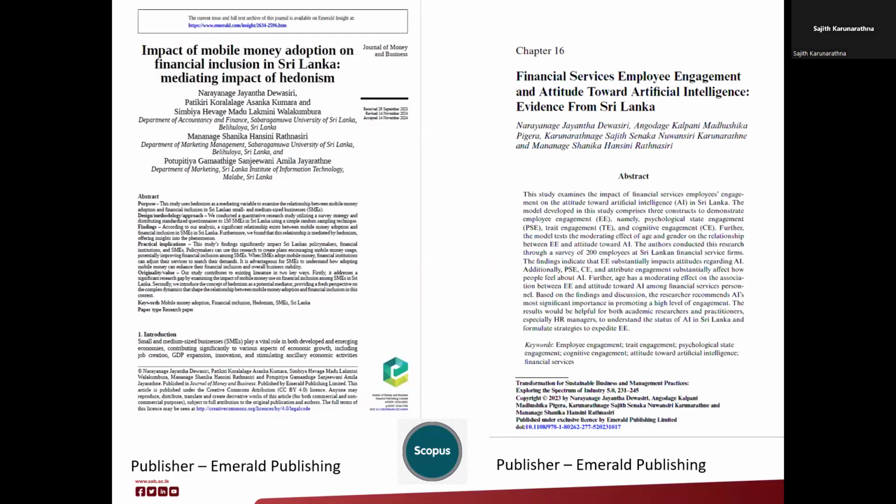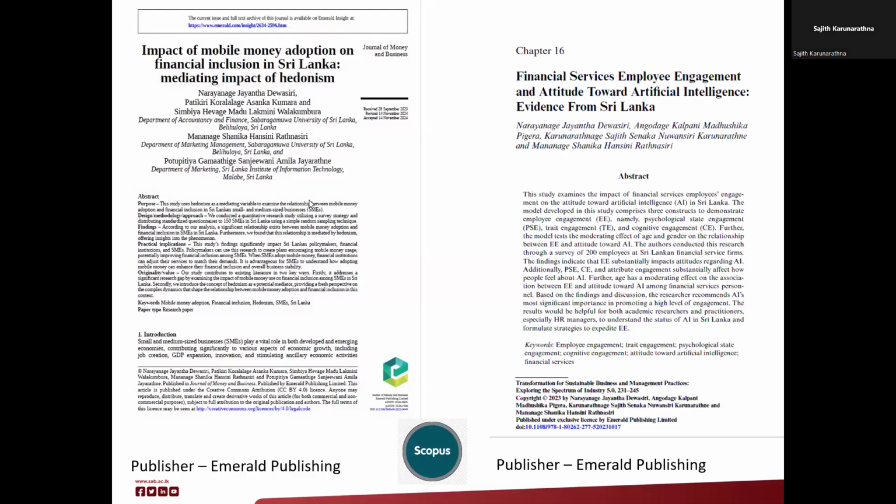The first is the impact of mobile money adoption on financial inclusion in Sri Lanka, with the mediating impact of hedonism. This is based on an undergraduate research study by Asanka Kumar, one of your previous batches. We conducted this study during 2022-23 and it was published in 2024 in the Journal of Money and Business by Emerald.